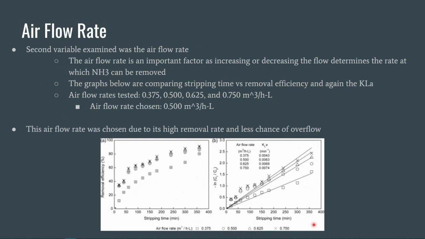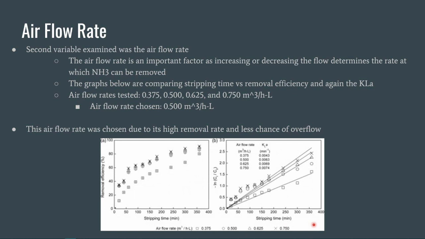The second variable examined was airflow rate. This is an important factor, as increasing or decreasing the flow determines the rate at which NH3 can be removed. In the figures below, you can see the different removal efficiencies at different airflow rates.